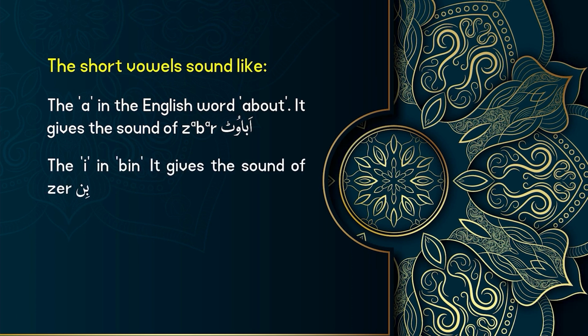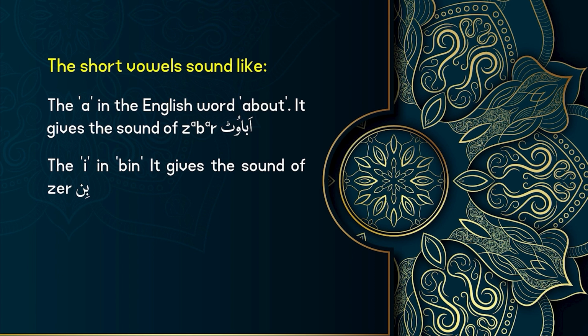The other is the I in bin. It gives the sound of zer, bin. Ba has the sound of B, zer, and noon comes as a cluster consonant. With jazm, it gives the sound of n, bin.